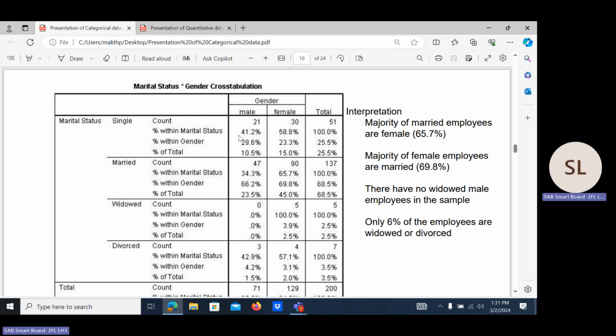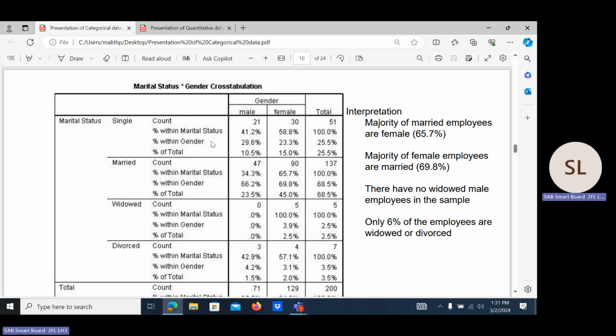Then the first percentage value means within marital status. How to calculate this percentage value? There are 21 males here, and those 21 male respondents are single. Then the 41.2%, how to calculate?